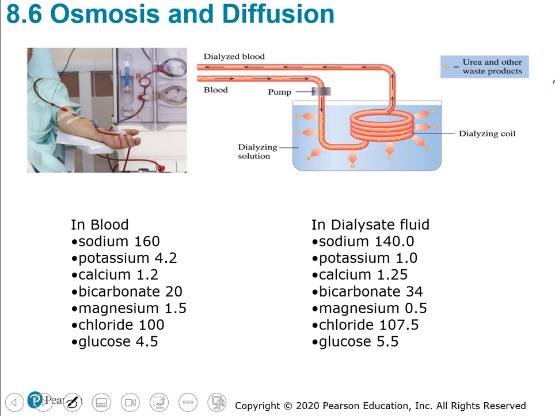It can cause your blood pressure to go crazy. It can cause other organs to shut down because those waste molecules are toxic in high concentration. After you're on dialysis, does that heal your kidneys? No. It's an alternative to normal kidney function.